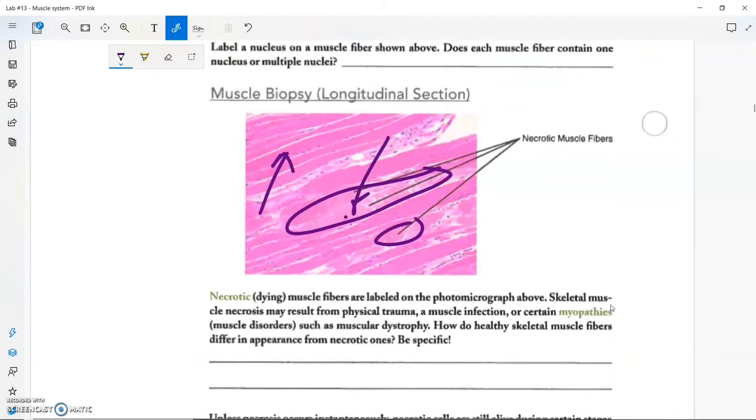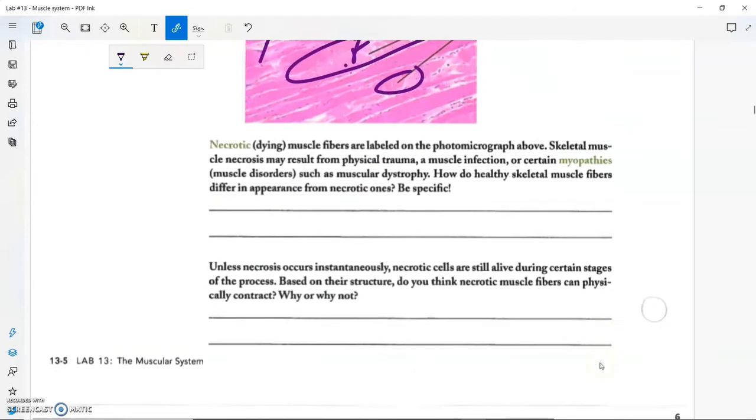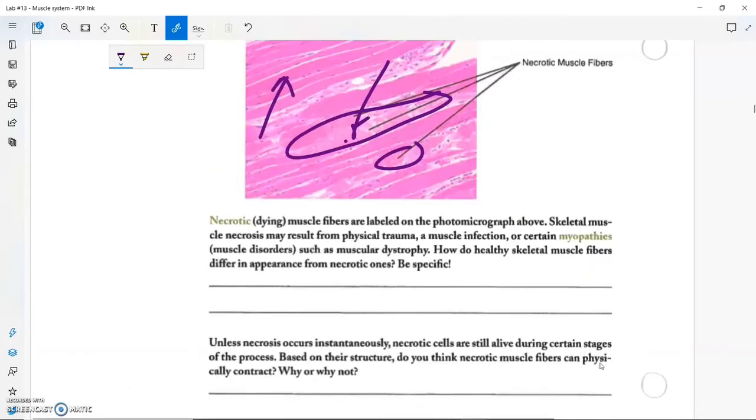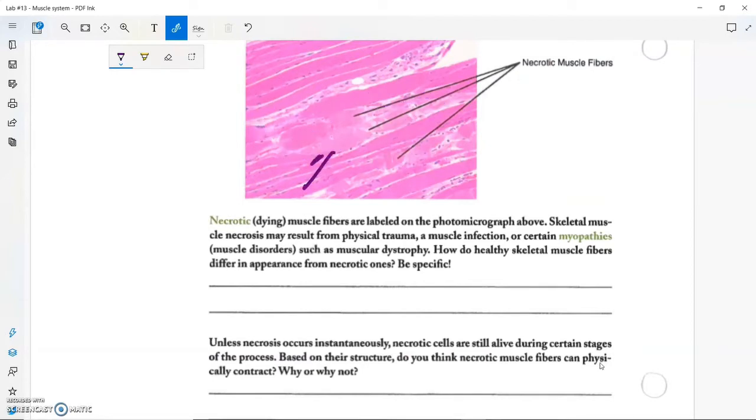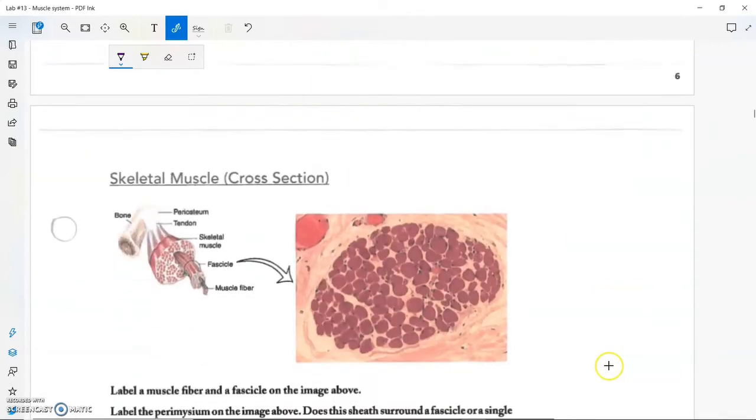The necrotic ones are swollen. Necrotic cells probably cannot contract, because there's a huge difference if you look at necrotic cells here and normal cells here. Necrotic cells do not appear to have any striations.